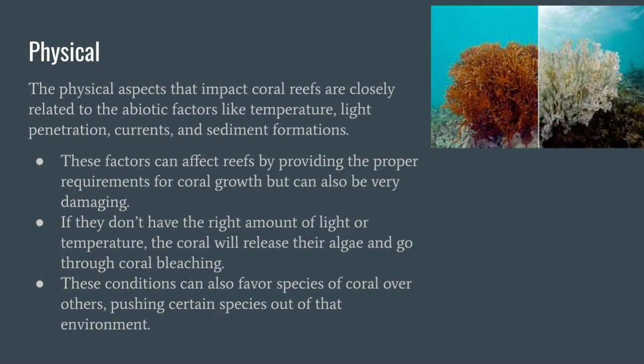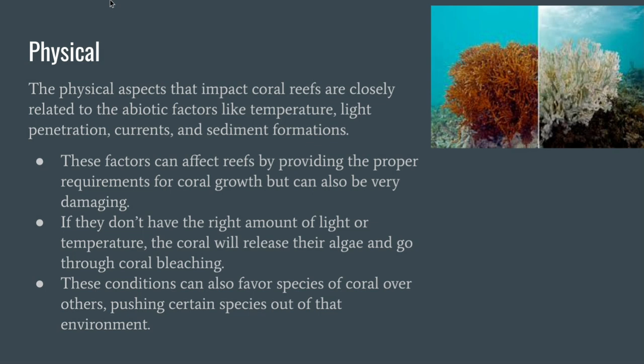Diving into the subdisciplines, for physical, this is a lot like the abiotic factors above, but in this slide, we're going to be talking about temperature, light penetration, sediment formations. These factors can affect coral reefs by providing the proper requirements for coral growth, but can also be very damaging.